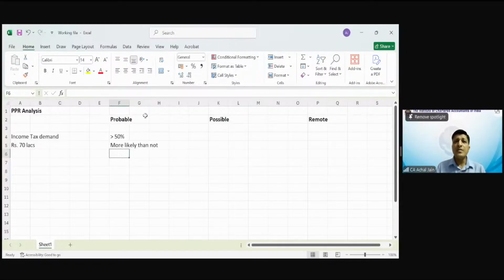It can be 60%, 70%, 90%. I think this was one of your queries also. I think Anil asked me the same question. This percentage has not been defined. The important part is that there is a greater chance of occurrence of this event.